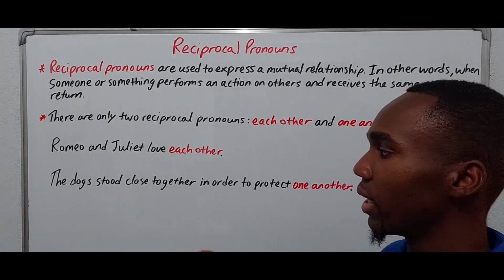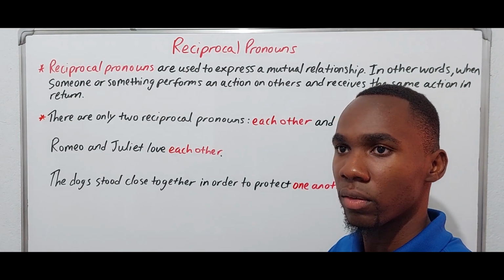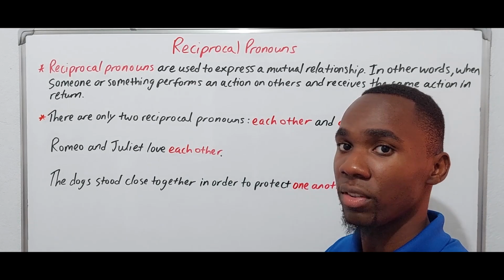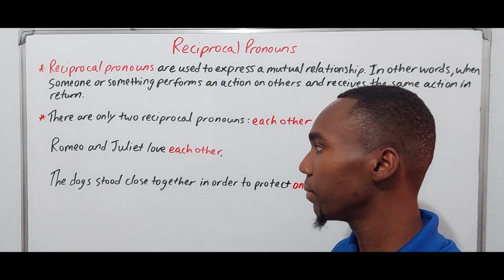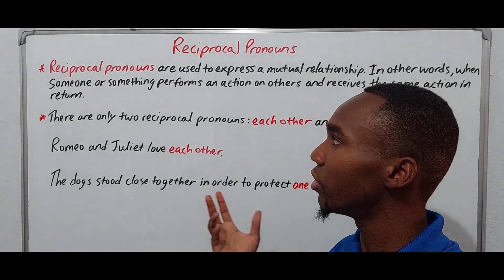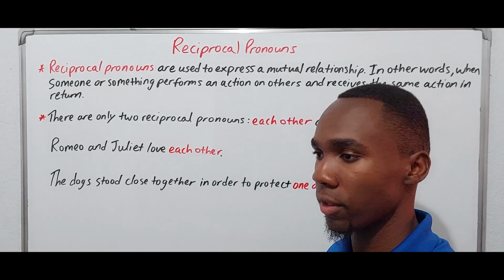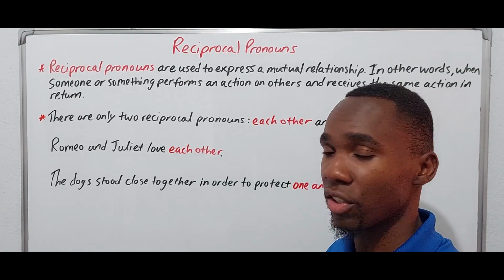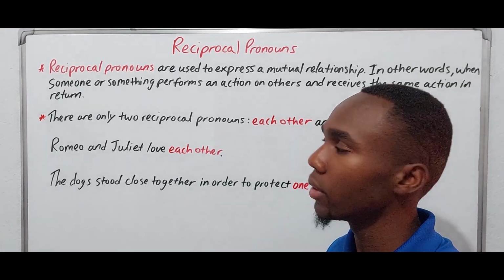So all this means is that all the dogs performed the action and received it as well, right? So these are reciprocal pronouns, and there are only two of them, each other and one another, and it indicates a mutual relationship or exchange.